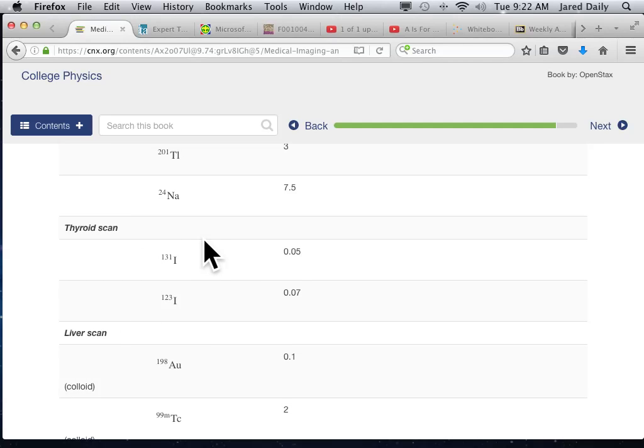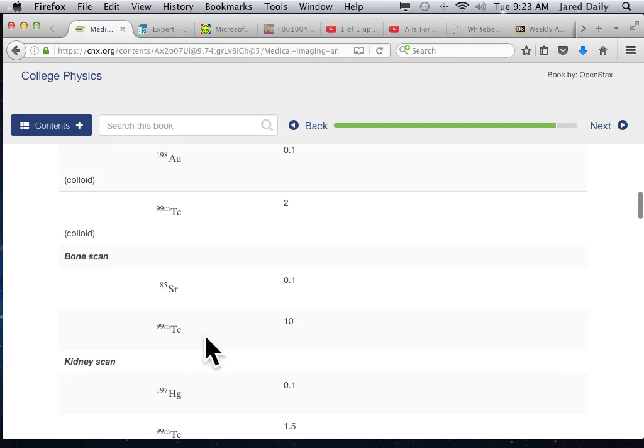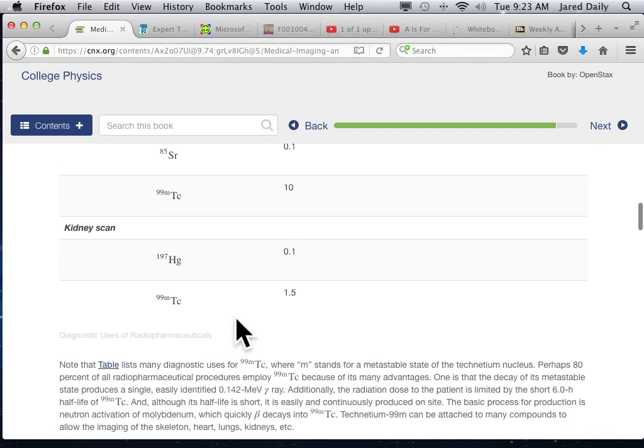That's actually one of its purposes. If you can get something into an organ easily, and it can be radioactive, then you can use it to scan there. So iodine is the perfect choice for the thyroid because it already gets absorbed by the thyroid. In the liver, you can get gold and technetium in there pretty well. Bone scans, you're using strontium and technetium. And in kidneys, you're using lead and technetium. So technetium is obviously a very useful thing. The M means that it's not entirely stable, it's metastable.